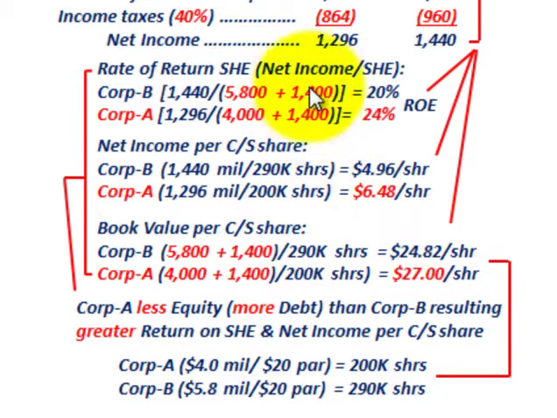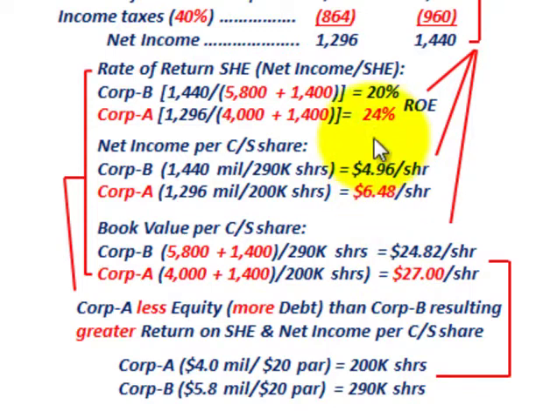Okay, so that just goes through some key numbers to determine our return on assets and return on equity, and how debt financing works versus equity financing. But this is just an example to show that in this case, where Corp B had the greater equity and Corp A had the greater debt, Corp A ends up with a better rate of return on shareholders' equity, and also net income per share because they have fewer shares outstanding, and also a better book value per share in case of a liquidation.